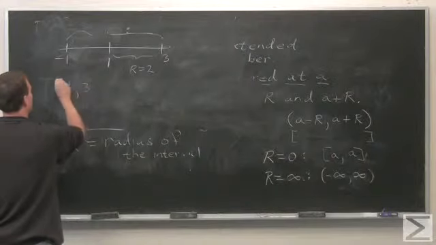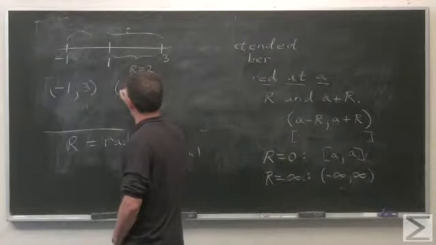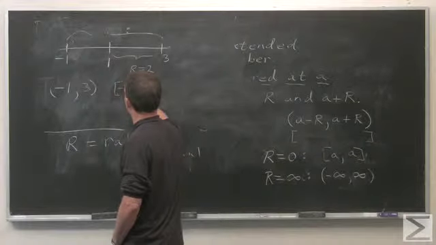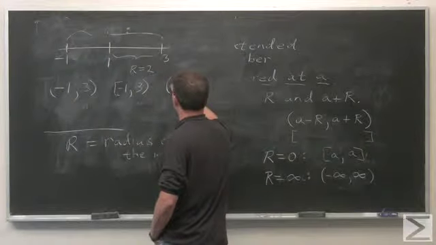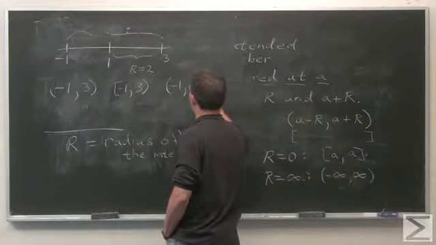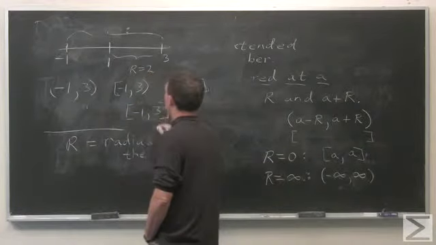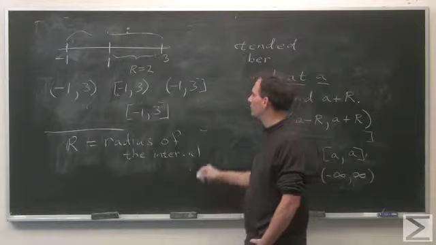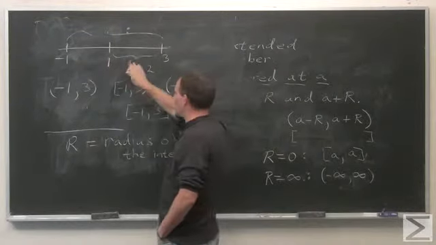So you're talking about either the open interval from -1 to 3 or the half-open intervals. You could include that endpoint, or you could include the other endpoint, or you could include both endpoints. These are 4 intervals. These are centered at 1. So you can see why it's called centered and why this is called radius.